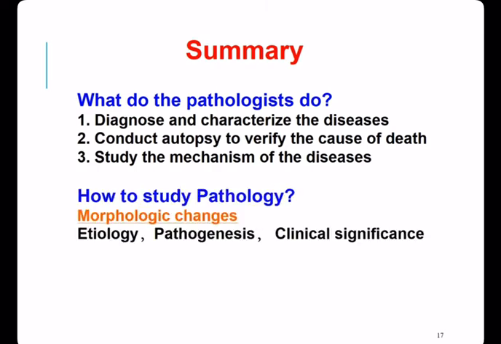How to study pathology? We need to focus on the morphologic change of disease and link the other three aspects to morphologic changes, including etiology, pathogenesis, and clinical significance, so as to better understand a disease.